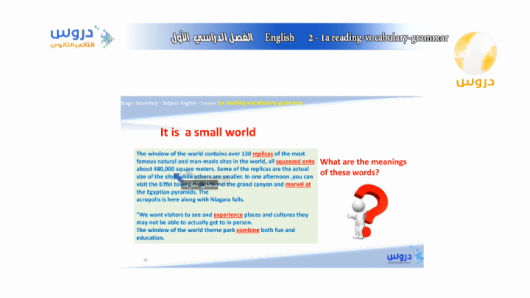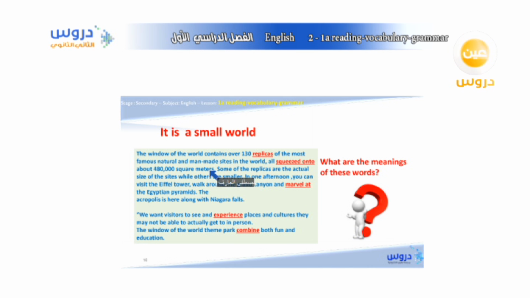Okay, so this is a text called The Window of the World, for a place that has all the landmarks, or shapes that look like the landmarks, in one place. This is the title for it. So what are the meanings of these words: replicas, squeezed onto, marvel at, experience, and combine?